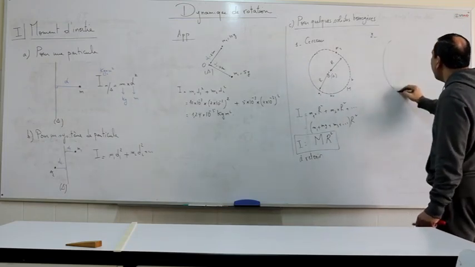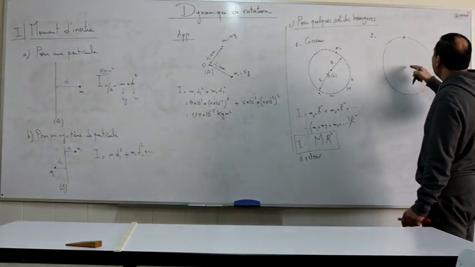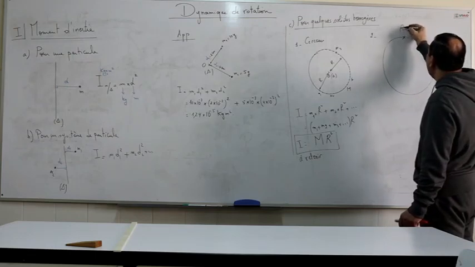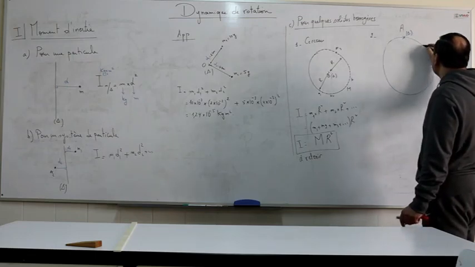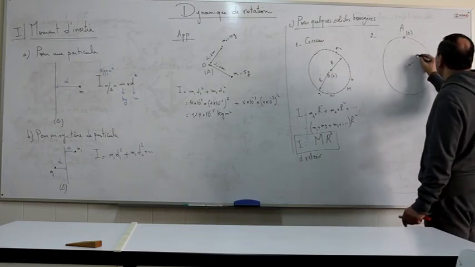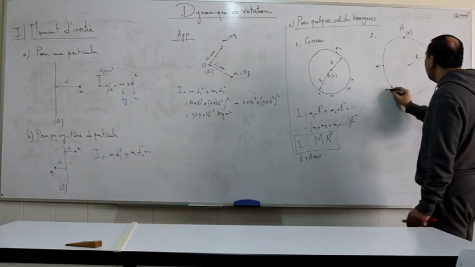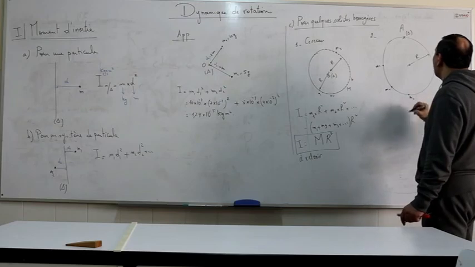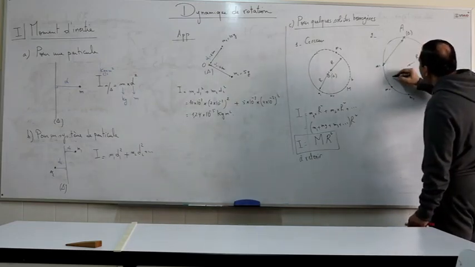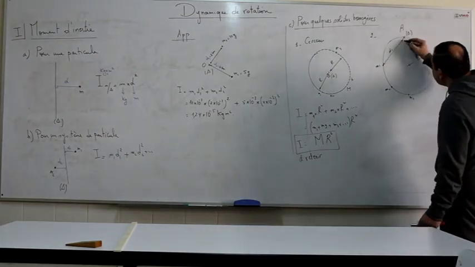Another example, a hoop whose axis of rotation passes through a point A on its periphery. The hoop has a mass m and a radius r. Similarly, this hoop is formed of many particles of masses m1, m2, m3, etc. But the difference here is that each one has a unique distance from the axis of rotation.